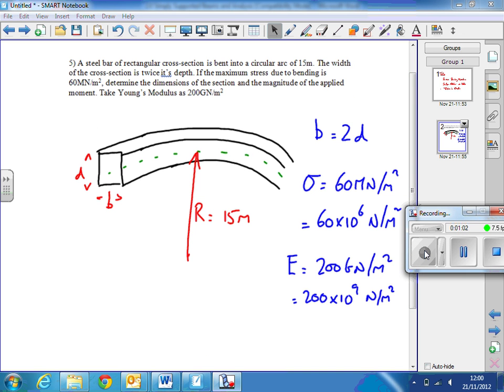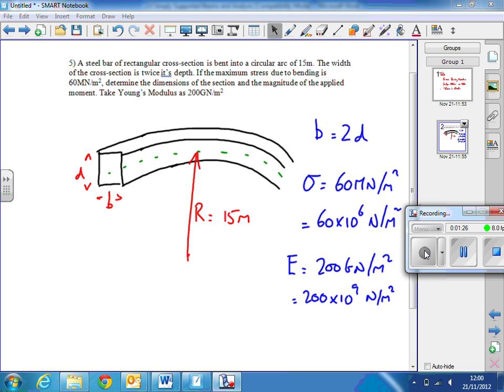This thing is bent. If we think back to the initial conditions for this bending, the use of this bending equation, they were that if we bend the beam, the cross-section area is the same all the time. There's no warping going on, and there's no twisting or anything like that. And in this case, the radius of curvature is taken to always measure to the neutral axis.